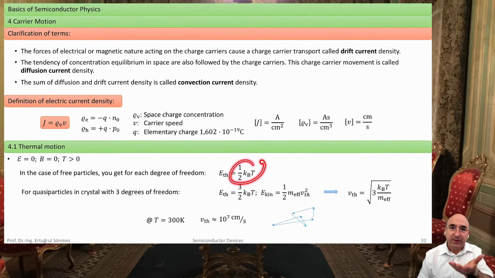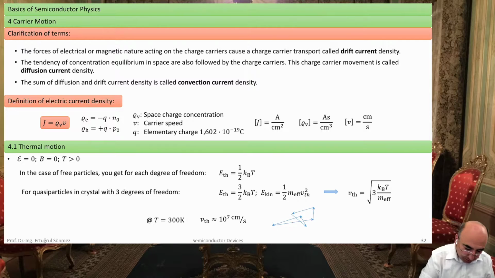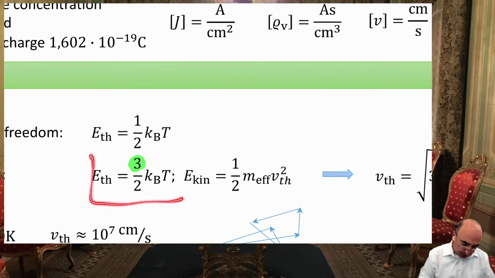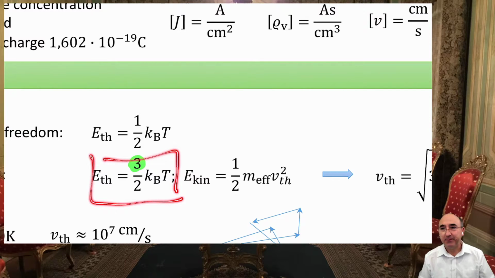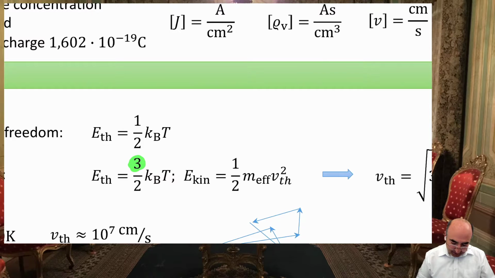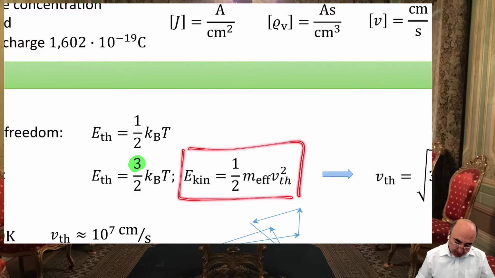In the physical space of 3 dimensions, you have 3 times this energy. That's all.